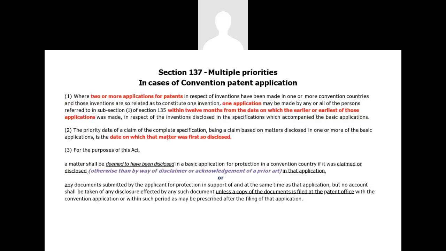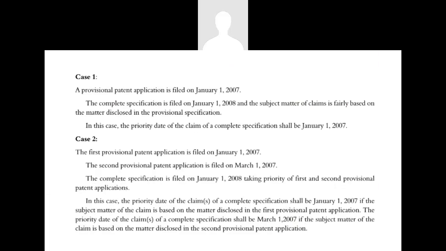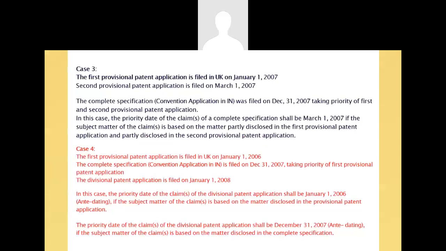In that case also, how you calculate the priority date of those claims is based on exactly the same concept that we just discussed in section 11. There is no difference. When you stop the slides at these points, you can actually go through the examples.